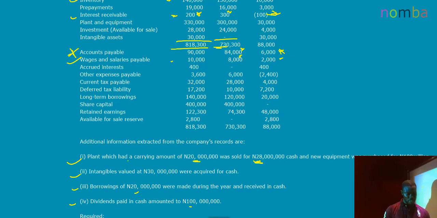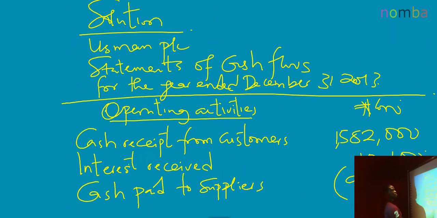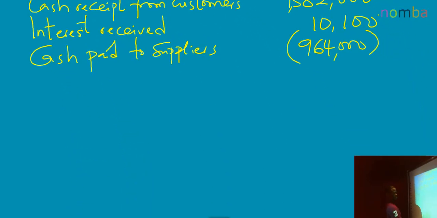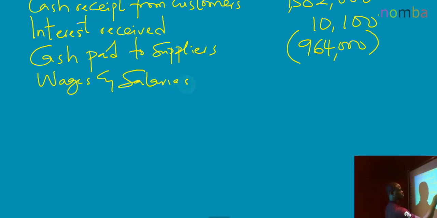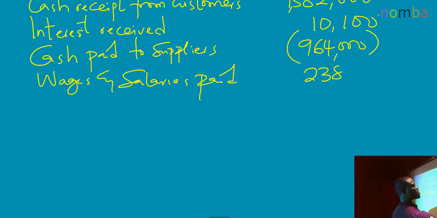So what we have paid is 238,000, and that is what we would recognize and transfer into the statement of cash flows. So wages and salaries paid is 238,000.